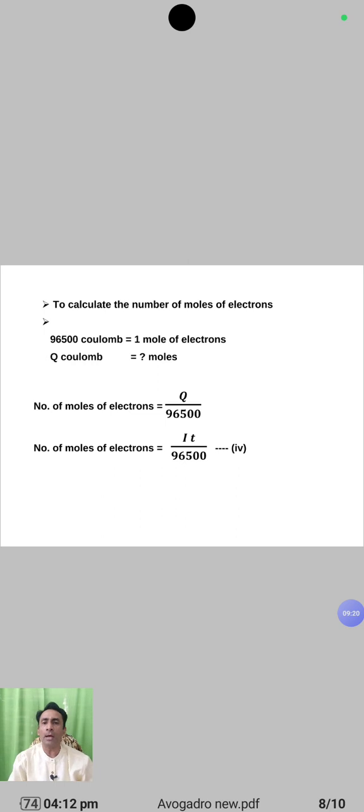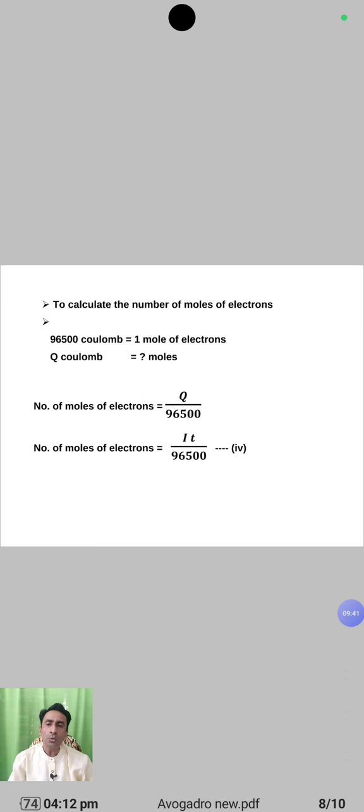Now we are going to calculate the number of moles of electrons. Thanks to Michael Faraday, who calculated the charge on 1 mole of electrons. So the charge on 1 mole of electrons is 96500 coulombs. 96500 coulombs means 1 mole of electrons.